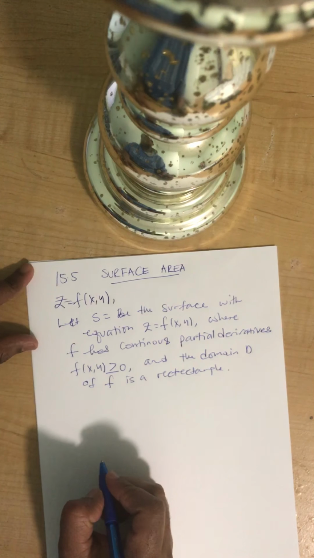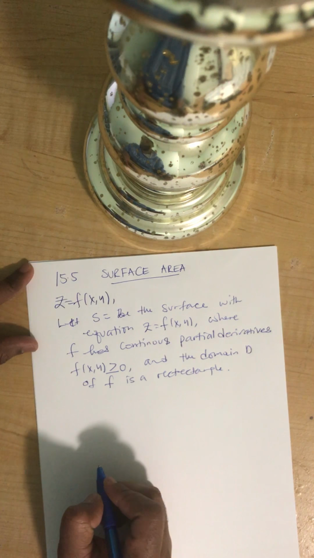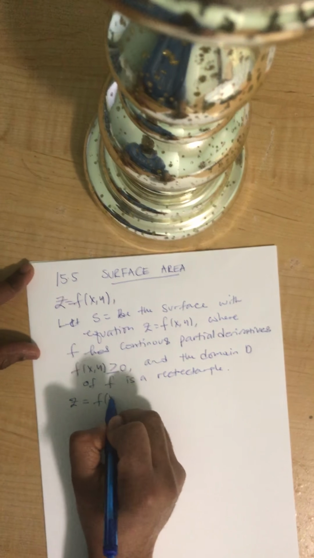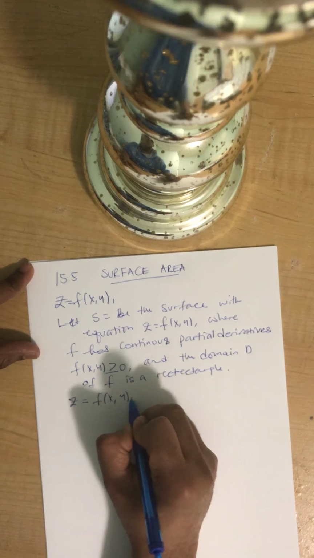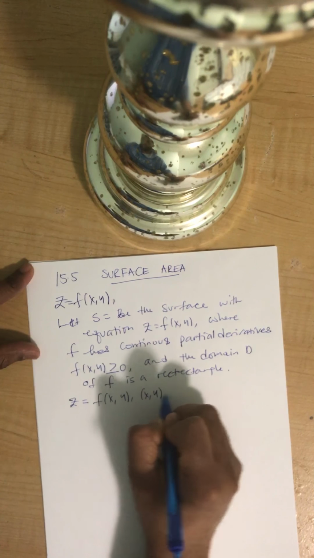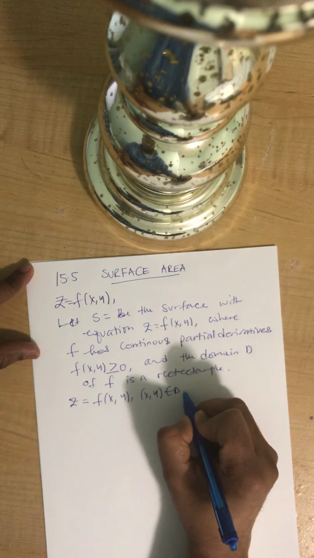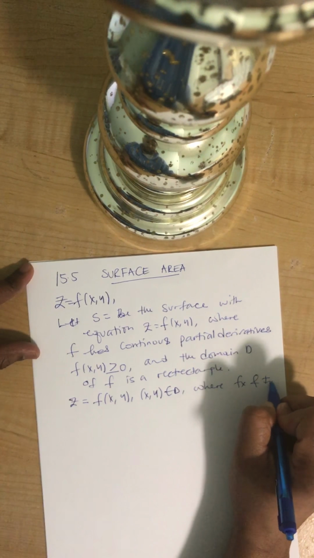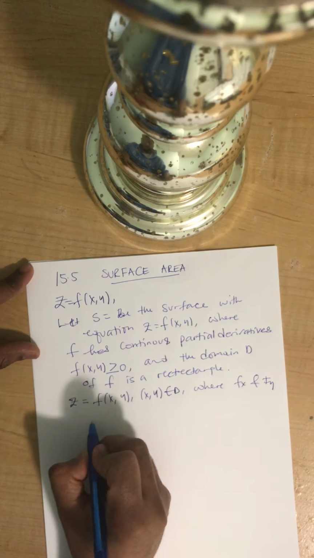The area of the surface with the equation z equals f of x, y, where x and y are elements of the domain D, where f sub x and f sub y are continuous.